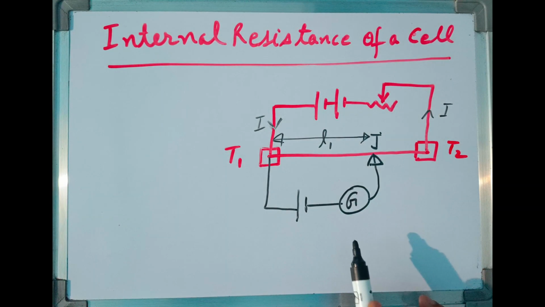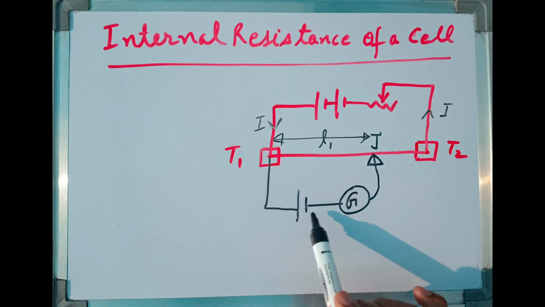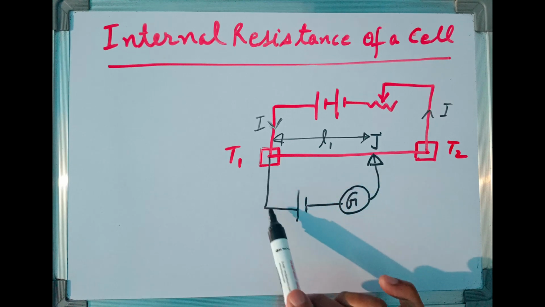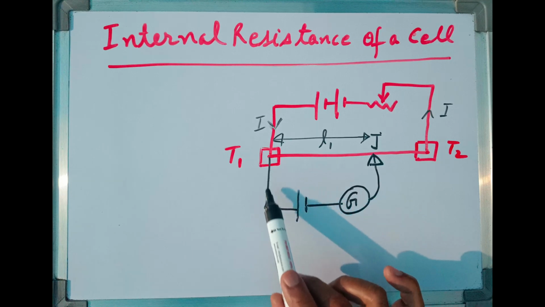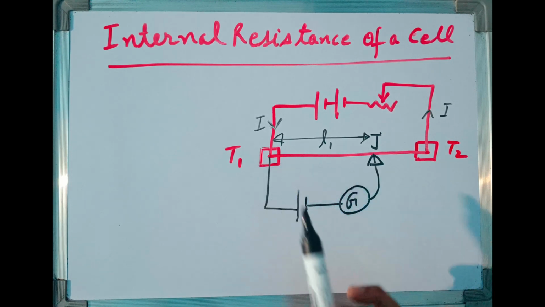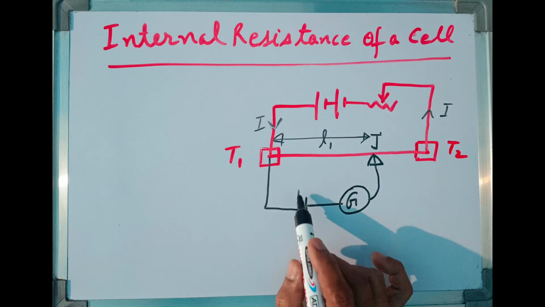As the galvanometer shows zero deflection, it means no current flows through this portion of circuit that is between T1 and galvanometer and jockey.